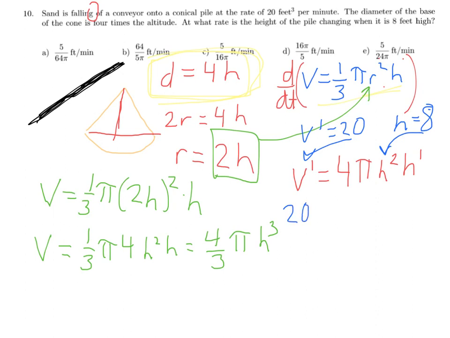So 20 equals 4 pi times 64 times h prime. And a little bit of algebra says h prime is going to equal 20 over 4 times pi times 64.